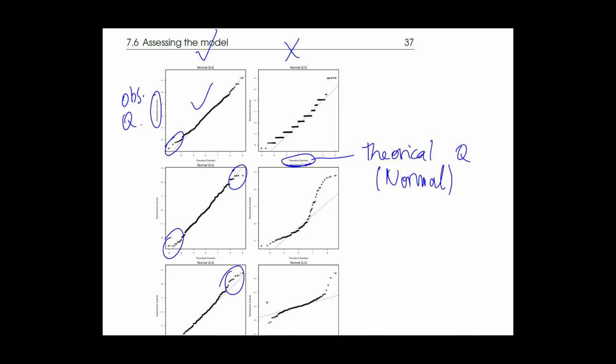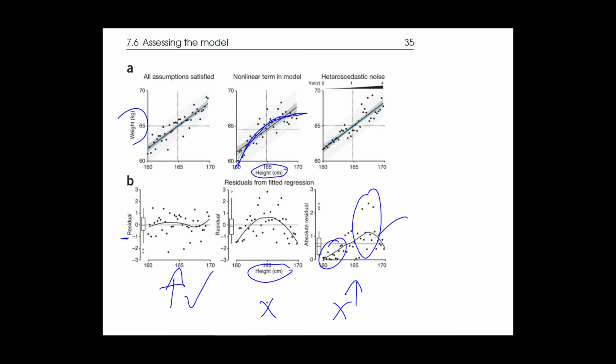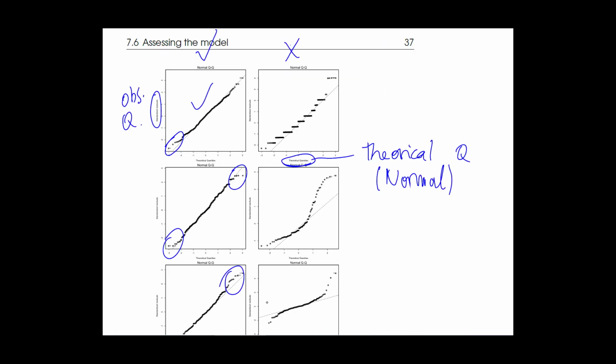Basically that's going to be our model assumption verification process, just looking at those two types of plots. Again, in the residuals, you look for no pattern, and in the QQ plot, you're looking for a straight line.